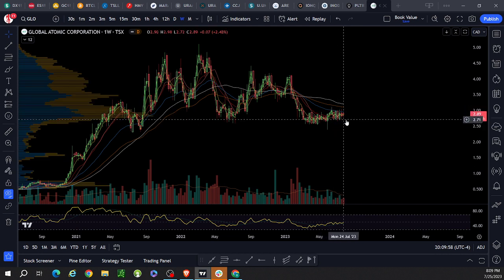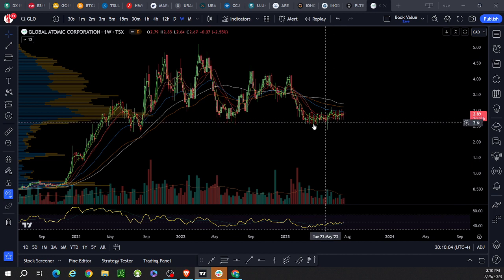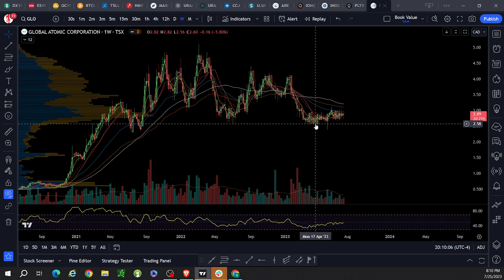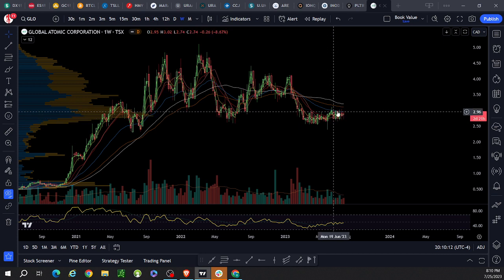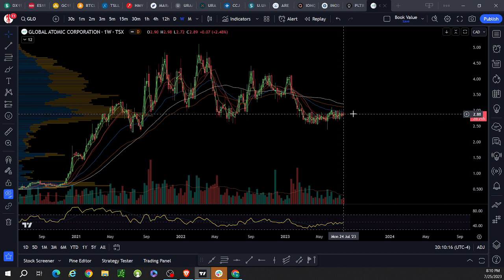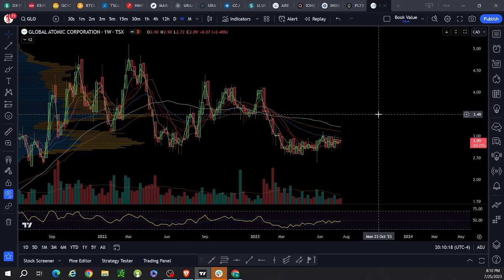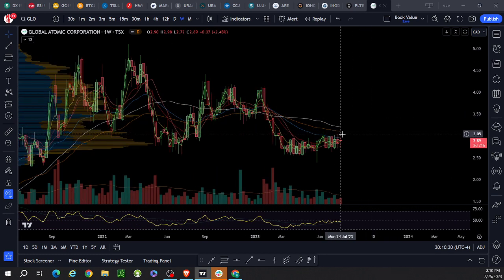So this new line here, you could almost call it around 2.70, right? As opposed to what this was, which was about 2.60. So yeah, you have that little bit of a range expansion, and it has started to peek out off the top of this range. These are the little things that we're watching now. Remember, this is just a weekly chart, so there could be a lot of time before that does that.